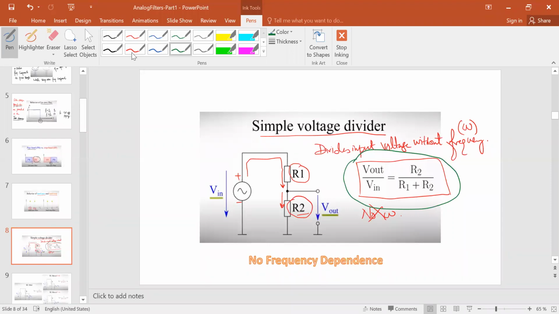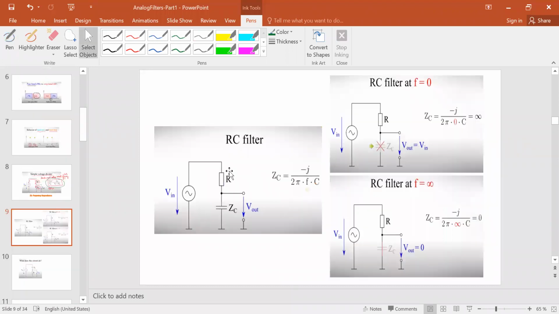Now let's do a small variation and go to another one. If you remember, our circuit had a V in, plus minus, and there was this R1, and then R2, and across R2 we were taking the voltage.